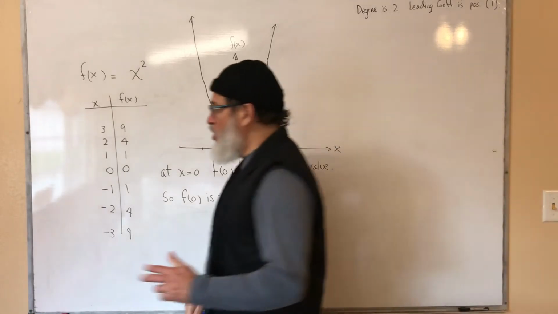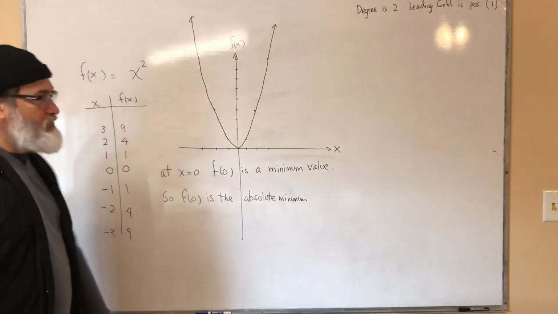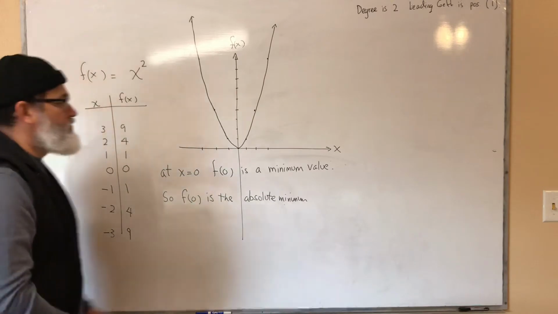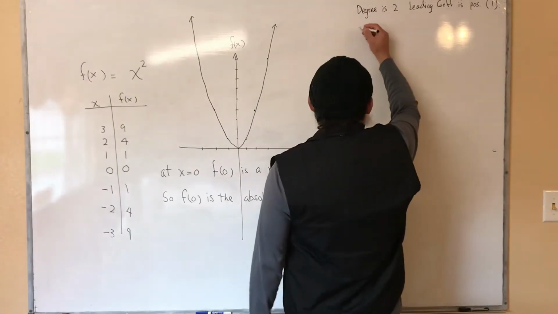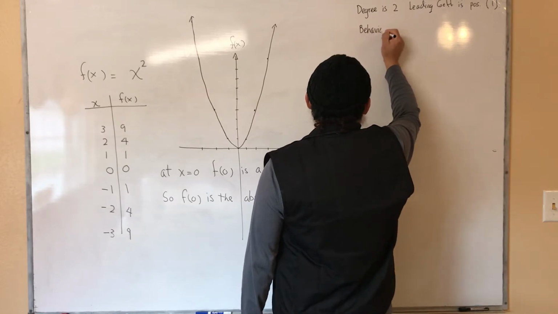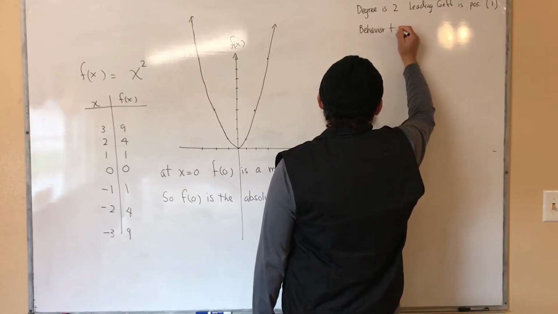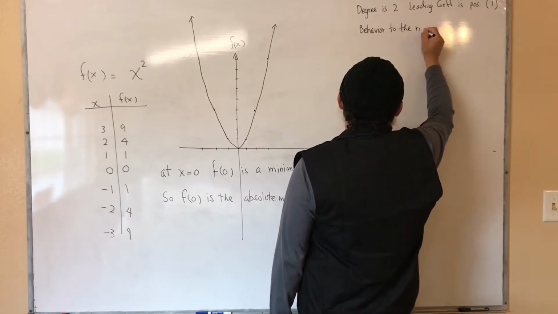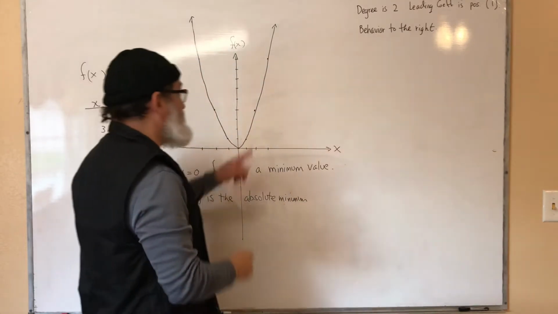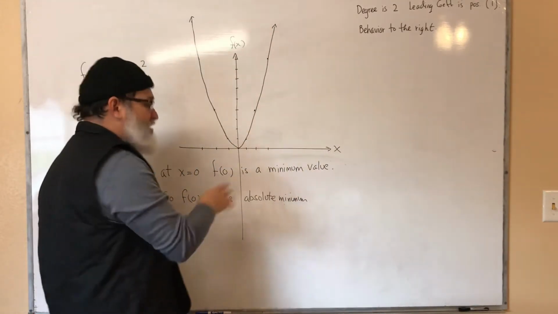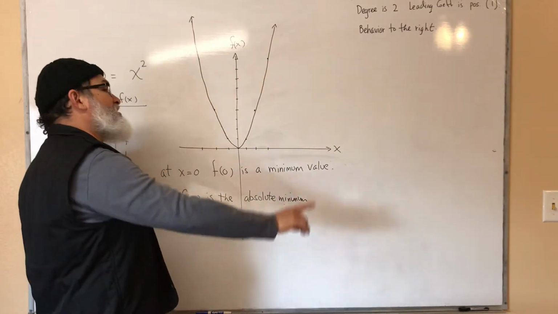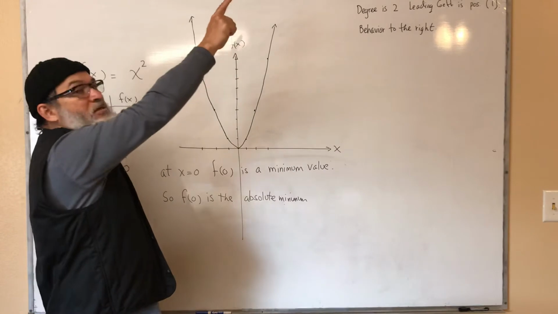Positive. Look at the behavior of this function. Let's look at the behavior to the right. Note, it goes up forever and ever. So this function rises to the right.